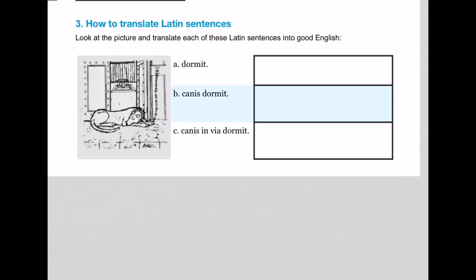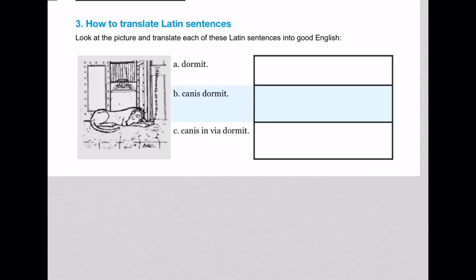Okay, the final section. Now, the whole point of this is to make you understand how to translate single word sentences like dormit. Okay, that's the point of this last section. And the key to answering it, if you're not sure, is to start at the bottom and work up. Okay, start with C and work up to B. So let's go through.